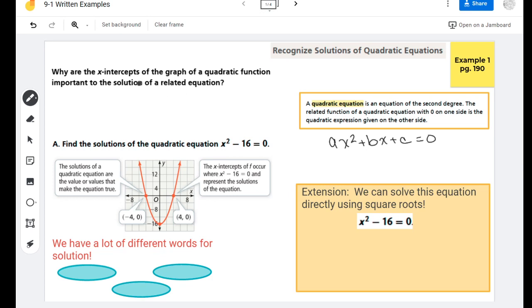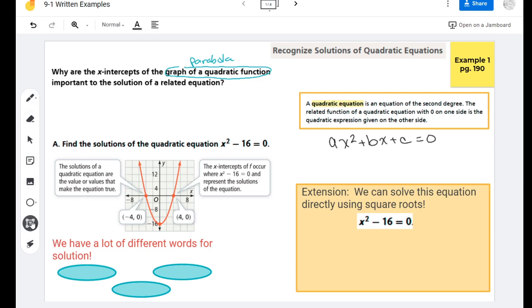To start out, we're wondering, what are the x-intercepts of the graph of a quadratic function? When we say graph of a quadratic function, remember we're talking about a parabola. So why are the x-intercepts of the parabola important to the solution of a related equation?